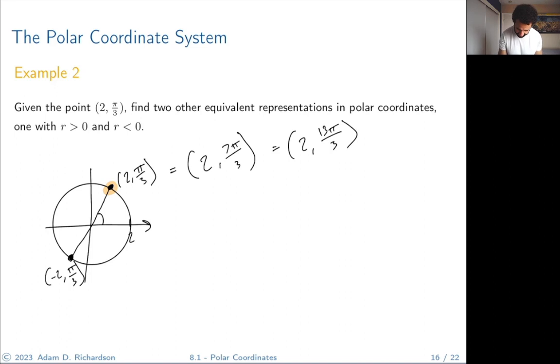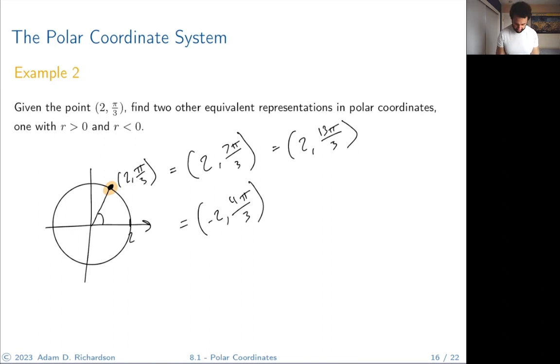So I'm going to do this. Come back up here. This is also equal to the point negative 2 comma 4 pi over 3, and I mean the point that's in orange, the point that we started with. To see why that's true, let me draw it this way. Let me get rid of this. Okay, so let's mark 4 pi over 3 first.